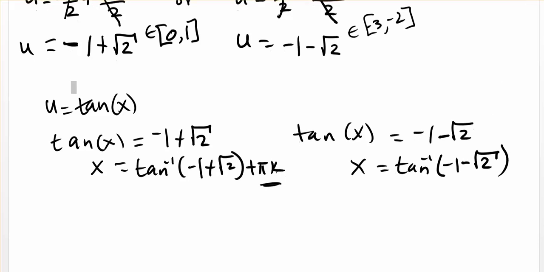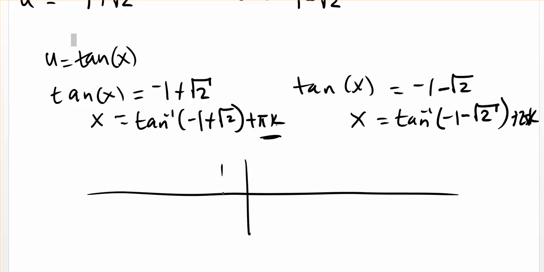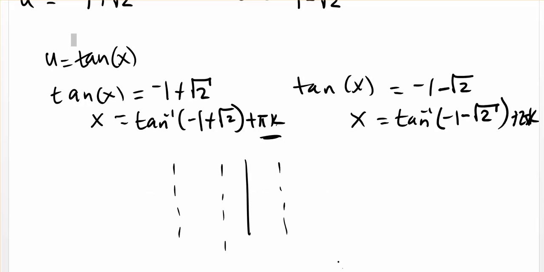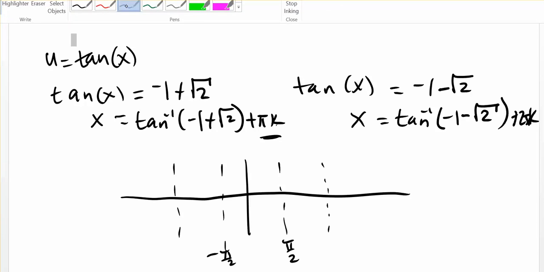And the best way to talk about these solutions is to draw the tangent function. So if these are my intervals of pi over 2, this is negative pi over 2, and this is pi over 2. And let's use a different color.